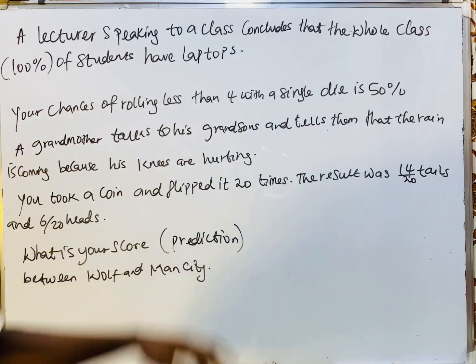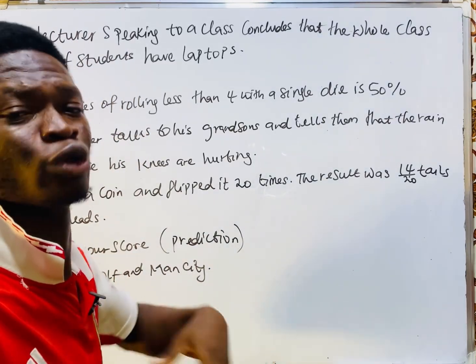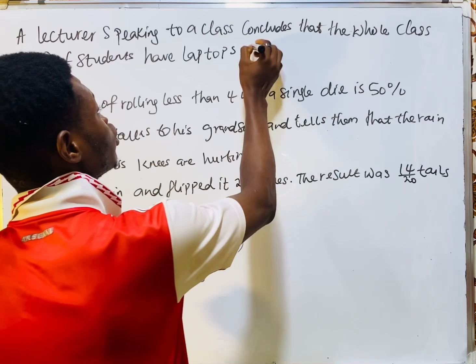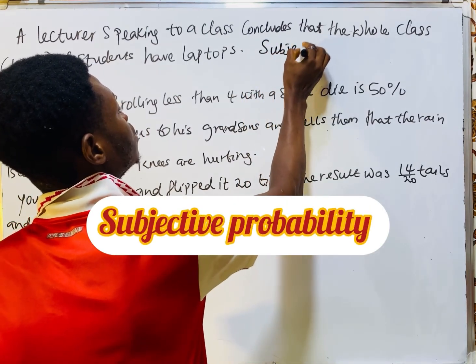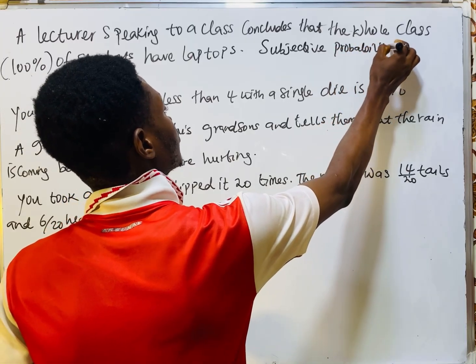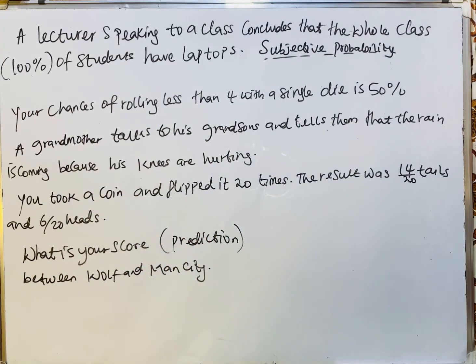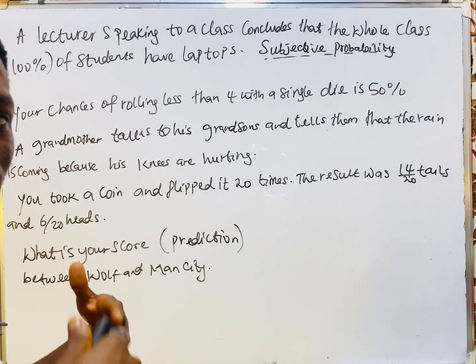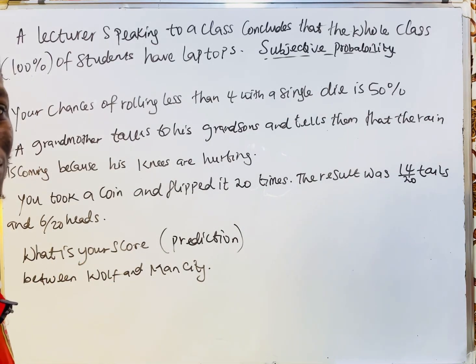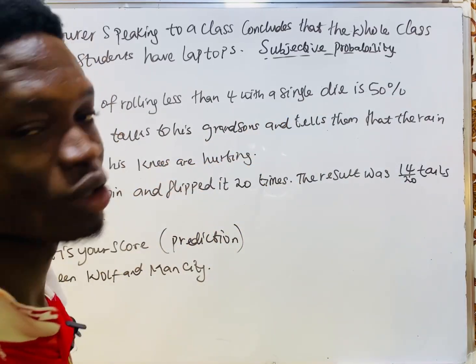A lecturer speaking to a class concludes. So he has concluded in his mind. He just assumed. So this is subjective probability, because he just assumed. It depends on the individual's prediction. Your chance of rolling less than 4 with a single die is 50%.